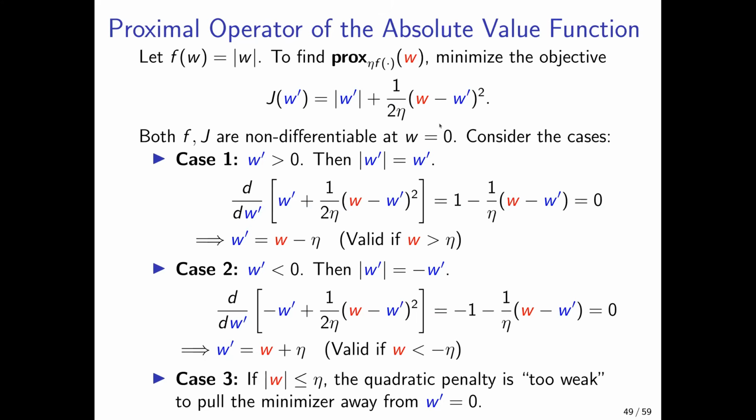And of course, this is not differentiable. So we cannot directly compute derivatives, but we can make some case distinctions. We can distinguish between positive and negative. Then we can compute derivatives, and we can compare the function values.